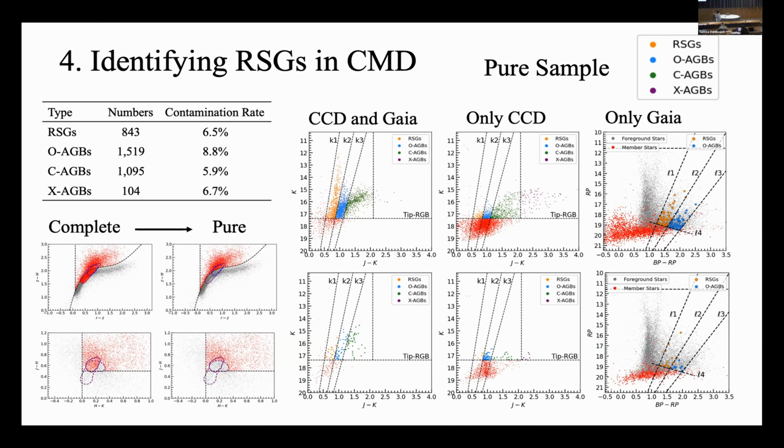In the pure sample, the upper row figures present the results, the same as in the last slide, and the lower row figures present their corresponding contamination on each CCD and each CMD. In our pure sample, there are 843 RSGs with a contamination rate of about 6.5%, and different AGBs are also provided in our sample.